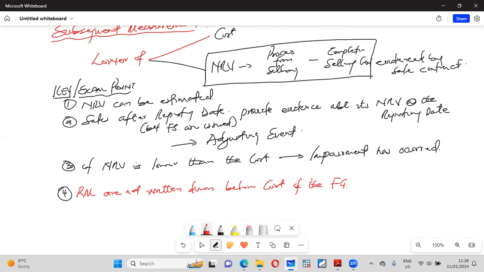If the finished goods that the raw materials form part of will be sold for a profit.